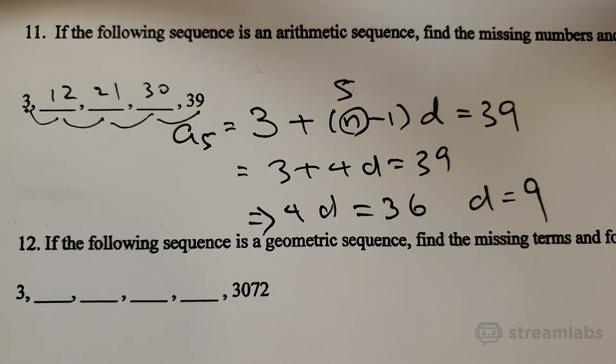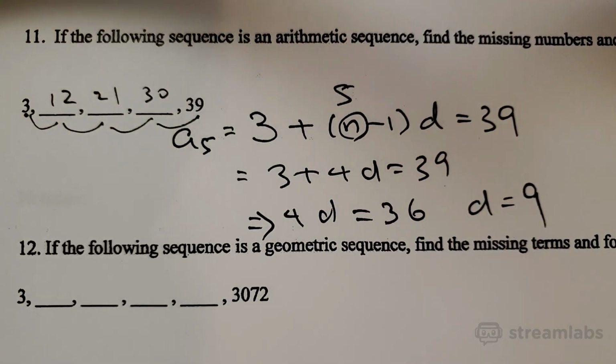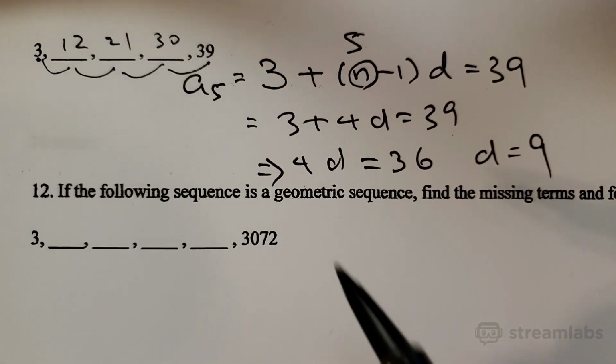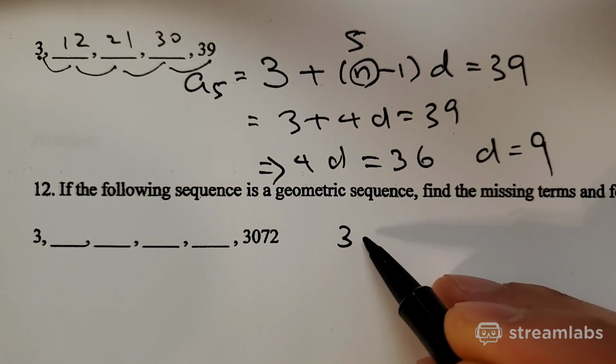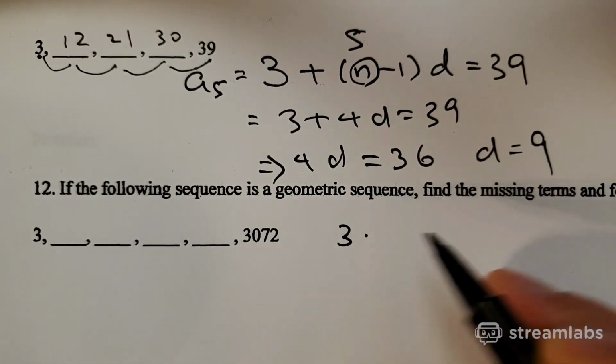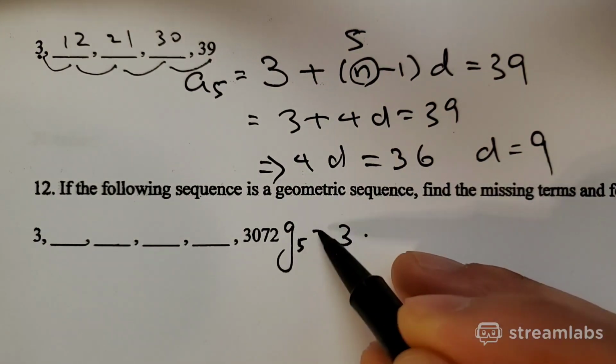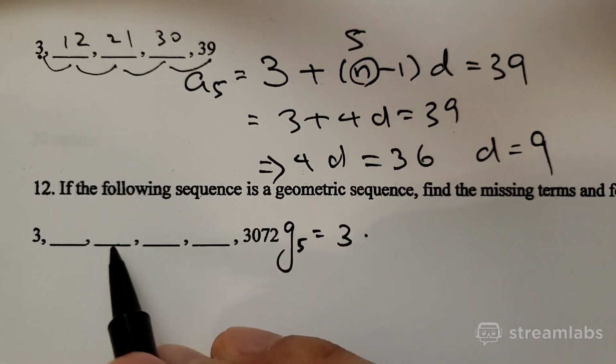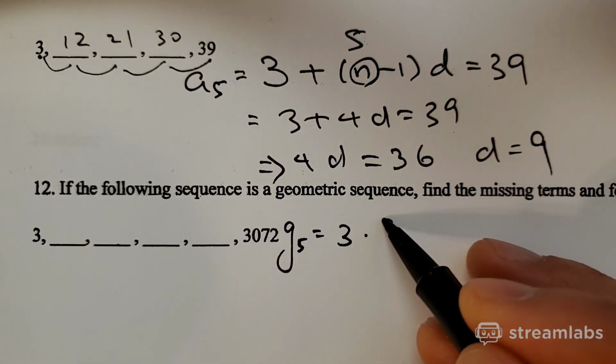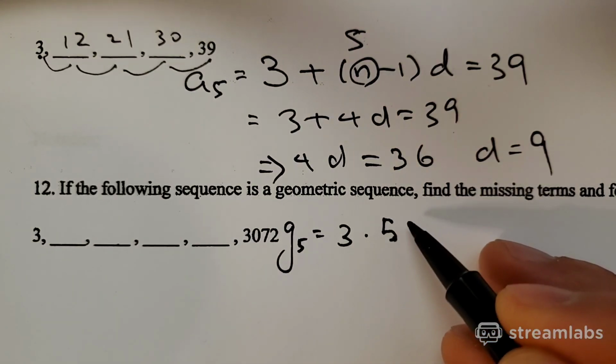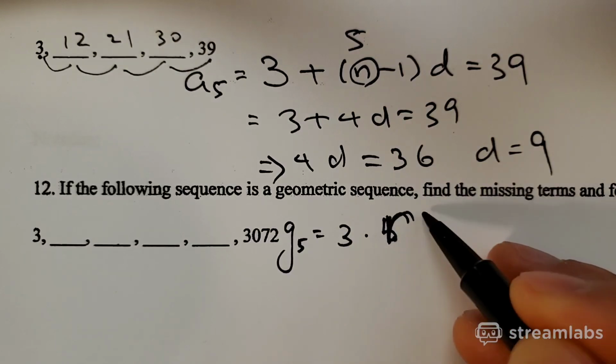All right, and geometric is the same idea. If you look at this geometric sequence, 3 times, this is 1, 2, 3, 4, 5. So G5 is 3 times r to the 5 minus 1.